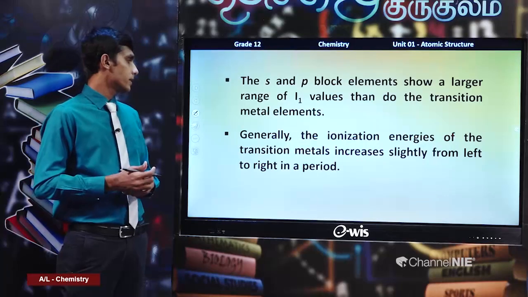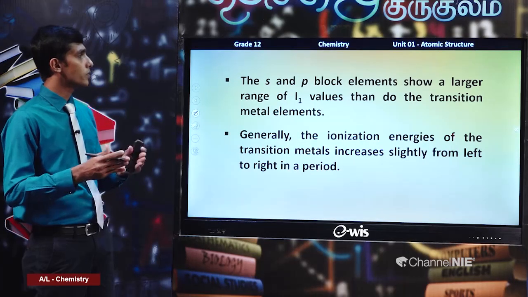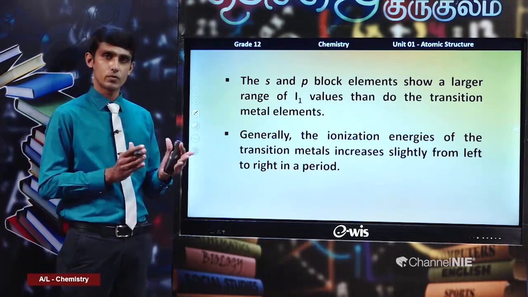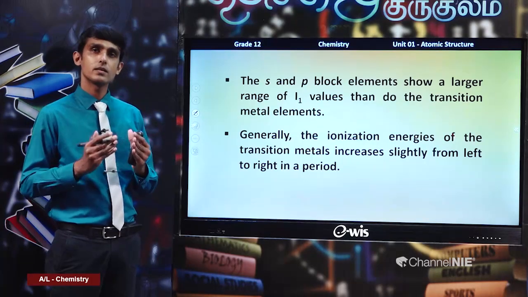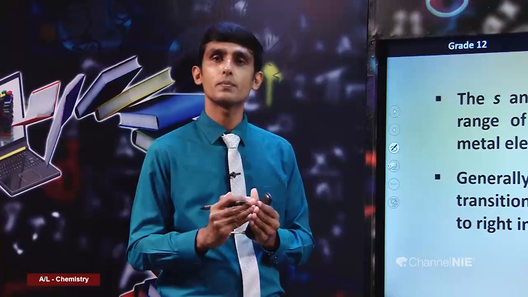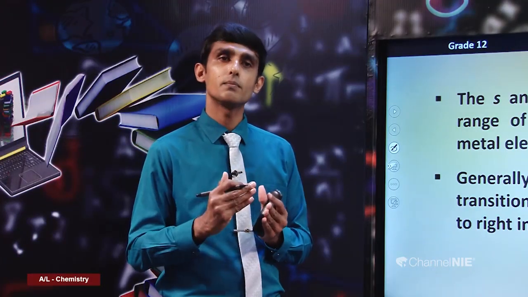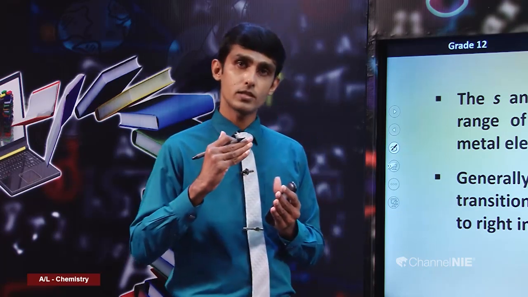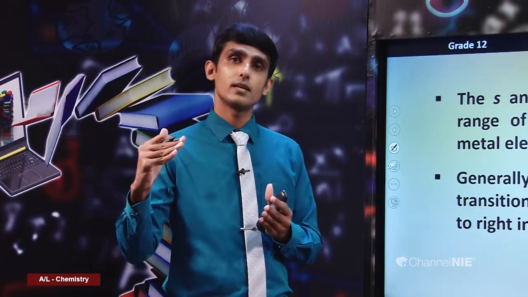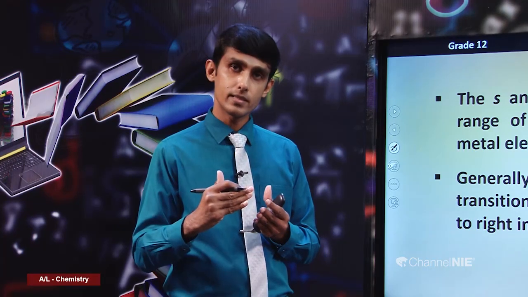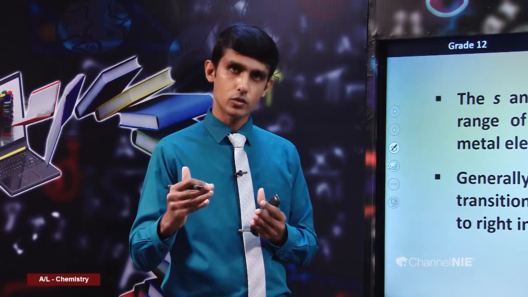Now, when we consider the first ionization energies of main group elements, that is the most important one for unit 1. For the variation of the first ionization energy across a period, there is a particular pattern. I mentioned that first ionization energy increases, that is the general trend, due to the increase in the effective nuclear charge.